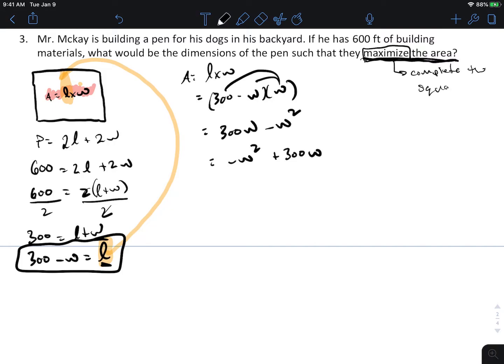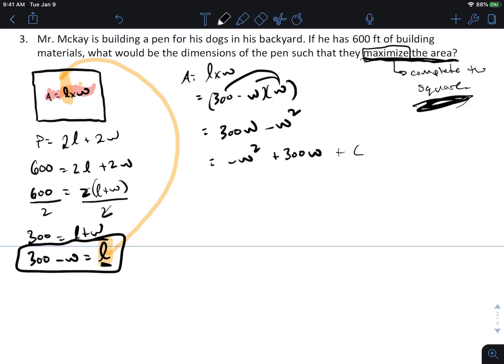So you can see how completing the square is just a process to allow us to answer questions. This is pretty much in standard form, isn't it? Plus C. The goal of completing the square is to switch something into vertex form so that I could read the vertex. The vertex being the maximum or minimum value of whatever quadratic function we're talking about.